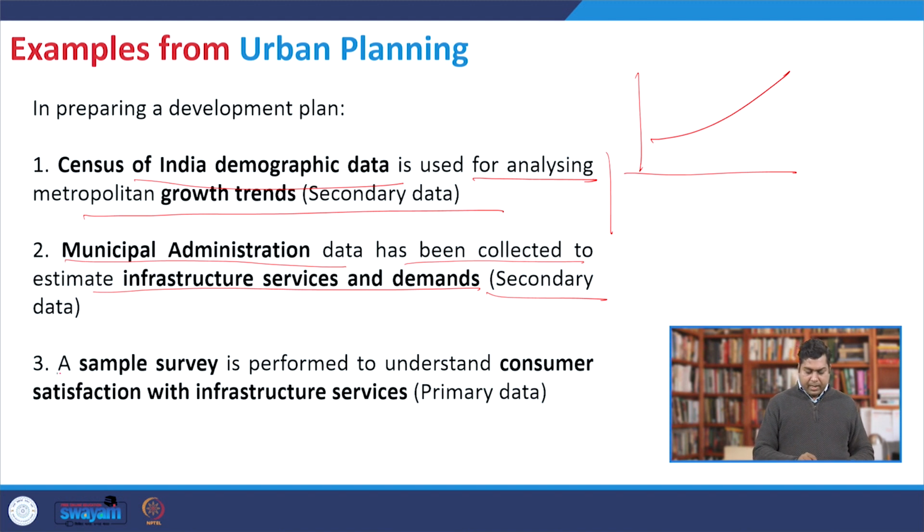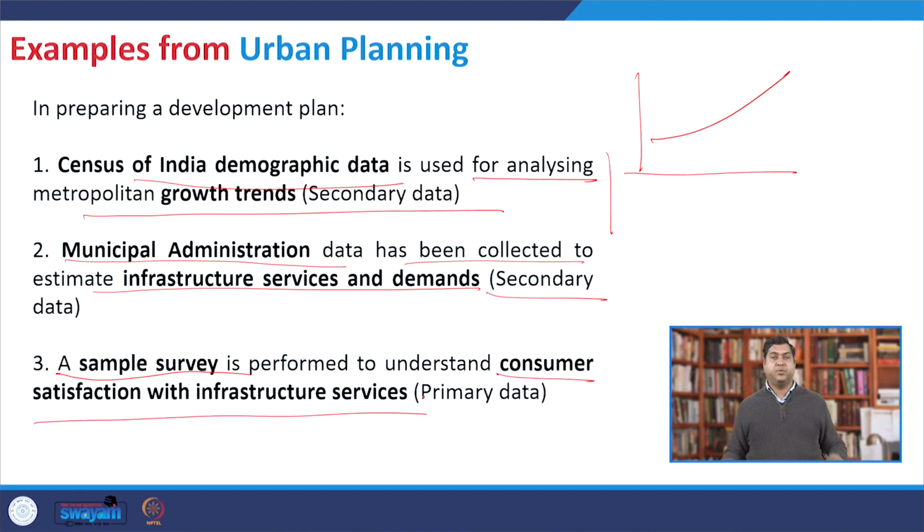At the same time you have a sample survey to understand consumer satisfaction with infrastructure services, which is not captured in the government report, which only says that these infrastructures are made, not what the satisfaction of users towards that infrastructure is. For that we need to go for primary data collection.